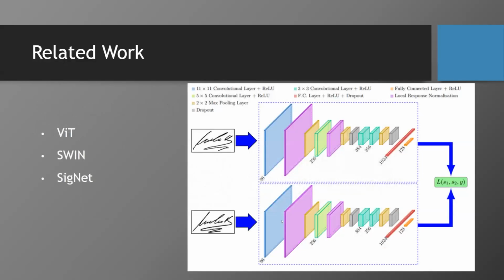Regarding the related work of signature verification, there are mainly three approaches in this field. The first one is the ViT architecture. The second one is the Swin Transformer architecture, and the most popular in this task of signature verification is SigNet. SigNet is a convolutional Siamese network, and in this project we also use the Siamese network architecture.